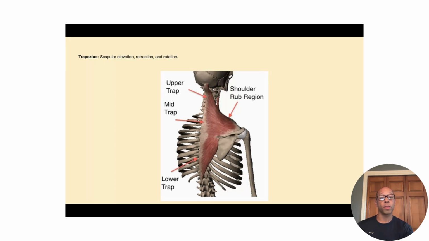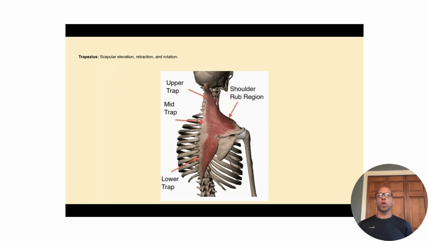So it goes all the way from the skull all the way down. So it's not just this meaty portion right here on top of the shoulder. Your traps are upper traps, mid traps, or middle traps, and then lower traps down below. Okay, so if you look at that, you can see these have a lot more actions than just hiking the shoulders up.